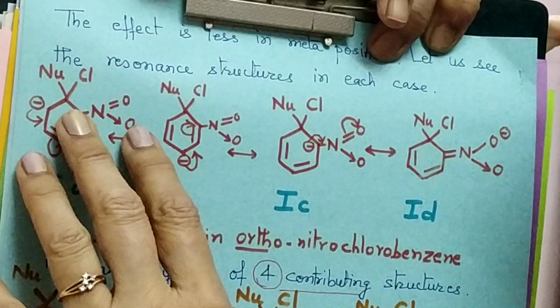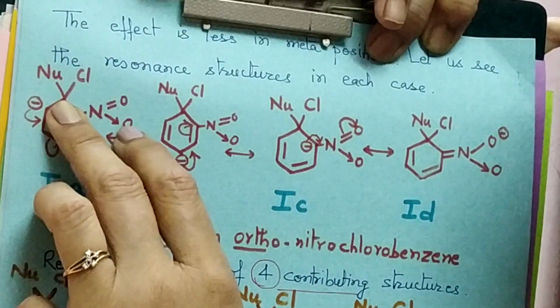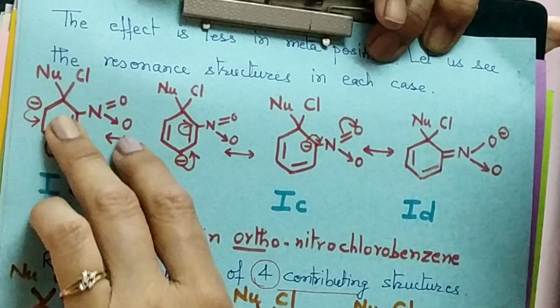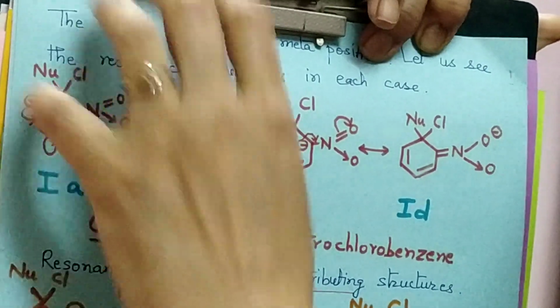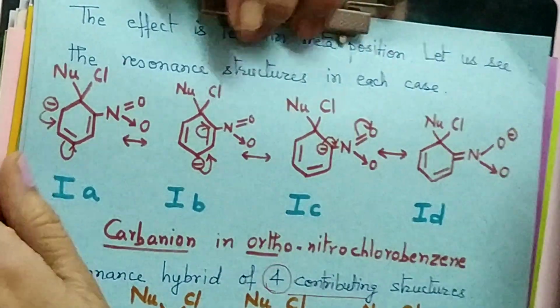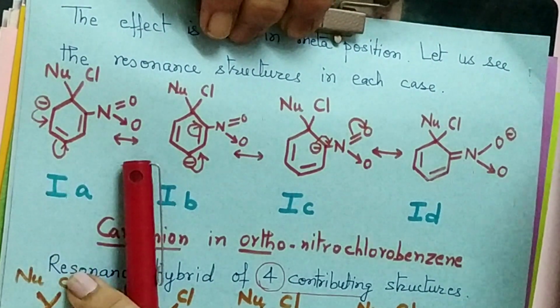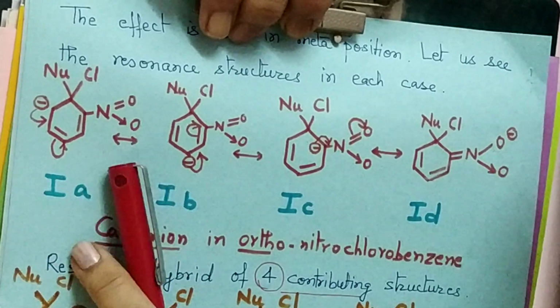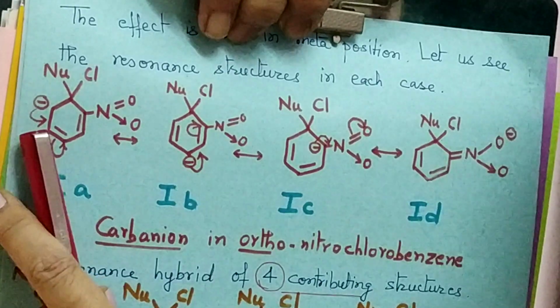Nucleophile has attacked this molecule. Nucleophile is attached here. First step, that is the addition step, results in the formation of this carbanion here, with the negative charge present on this position. Here, the ring is no longer aromatic. What happens next is that this negative charge moves on to the ring.